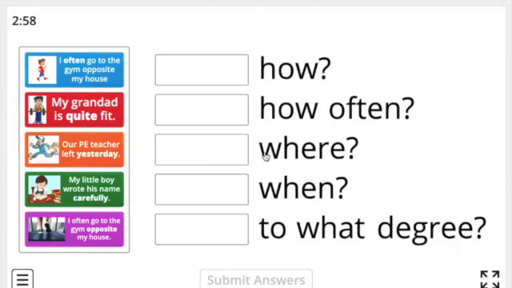And we have 5: how, how often, where, when, and to what degree. So first, how. What is the sentence that fits and describes the adverb of how?